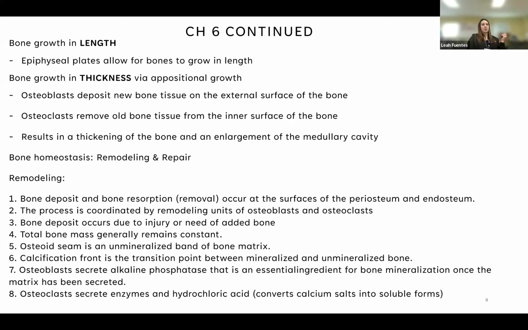Next, we have bone growth in thickness via appositional growth, right? So we were talking about length. Now we're talking about thickness or width. This one has a very specific way in which it occurs. So again, we have those osteoblasts, which are the bone forming cells. These deposit new bone tissue on the external surface of the bone.